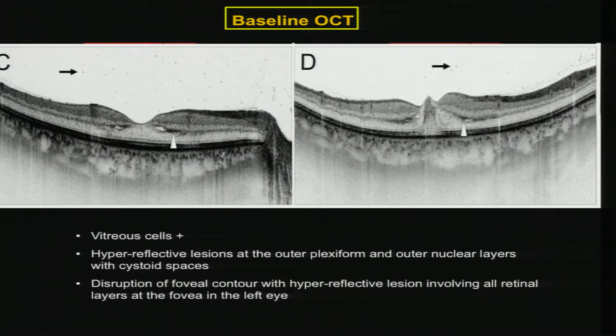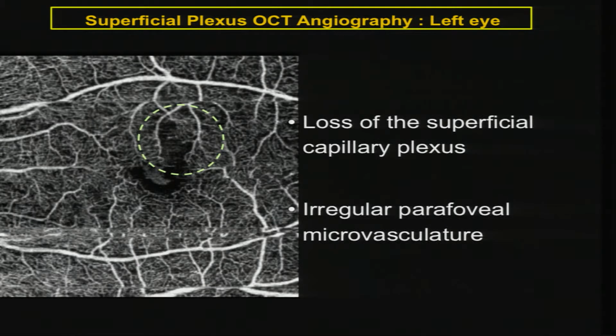Now these are the findings which are very typically seen in patients with dengue. The patient did not come to us with a history of dengue fever. He came with herpes zoster, so we were looking for herpes. But honestly, when we looked at the OCT, we said, oh, it looks like dengue maculopathy. We did the OCT Angio.